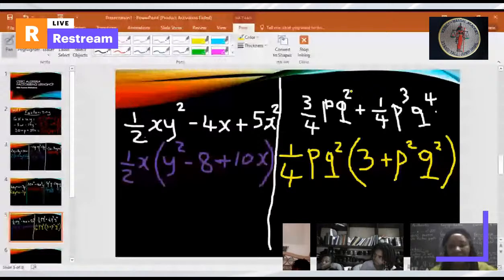And a quarter times 1 would give us back a quarter. P times P and Q squared times Q squared would give us Q to the power.